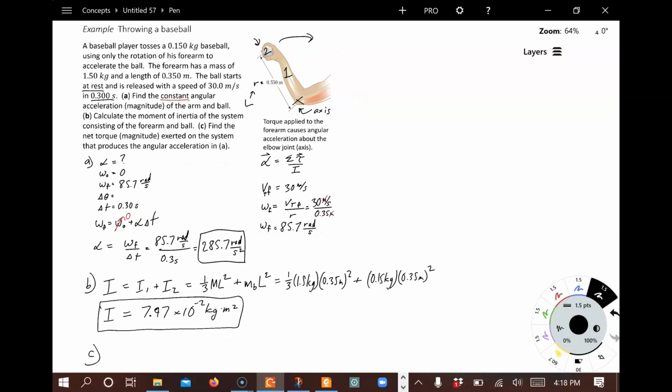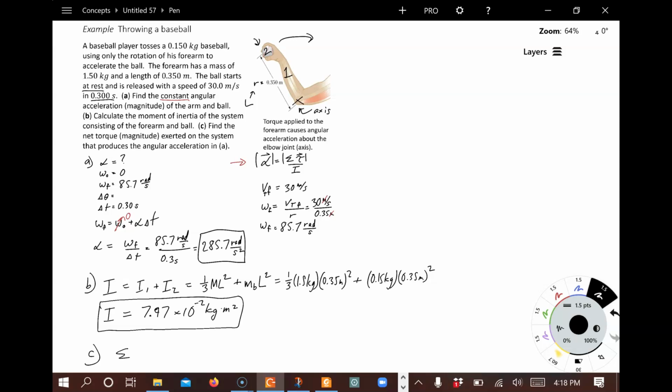Finally, part C. Find the net torque, the magnitude exerted on the system that produces the angular acceleration in A. There, we're going to use Newton's second law, and we want to deal with magnitude, so we'll take the absolute value of the vectors there. And to calculate that net torque, we'll simply rearrange that equation.